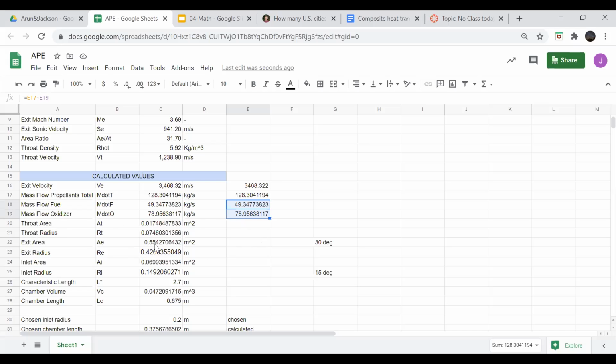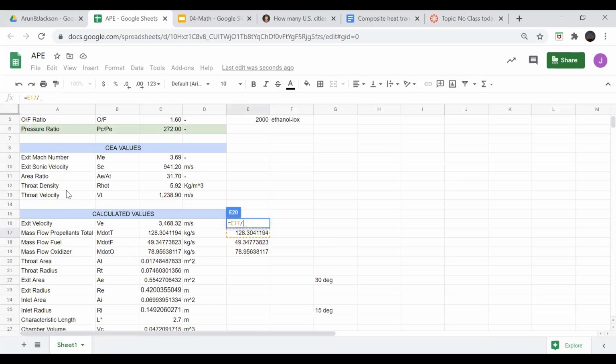Now for all the nozzle dimensions. Throat area would be the total mass flow divided by the density of flow at the throat, which is right here, and also divided by the throat velocity, which is right here.